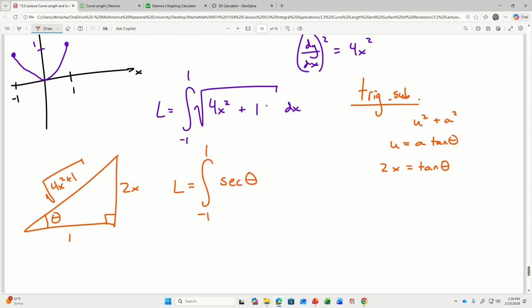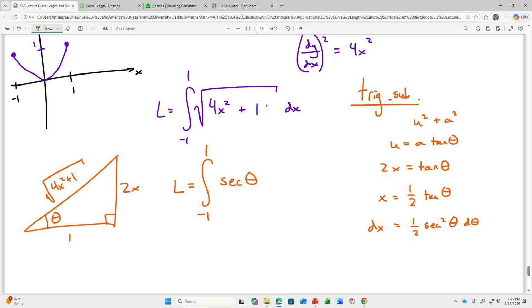And now I have to convert dx into a d theta. If x is 1/2 tangent theta, dx is 1/2 secant squared theta d theta.